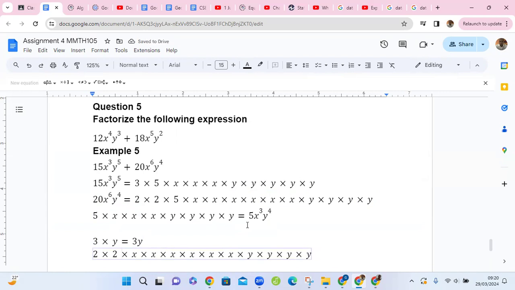When we divide out x to the 3, 3 x's, we are left with 3 x's. And when we divide out 1, 2, 3, 4 y's, no y is left. Let's simplify this to 4x raised to the 3. So this also must come in the bracket.